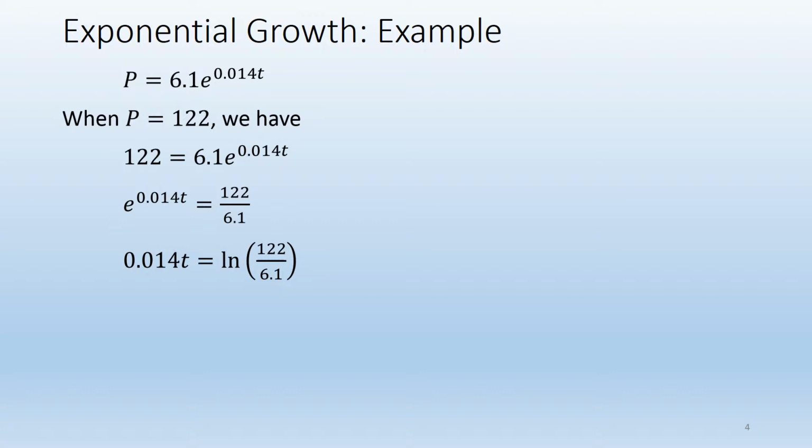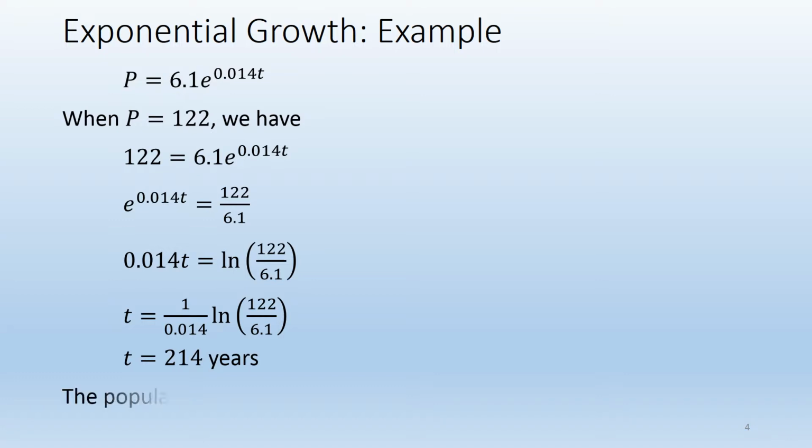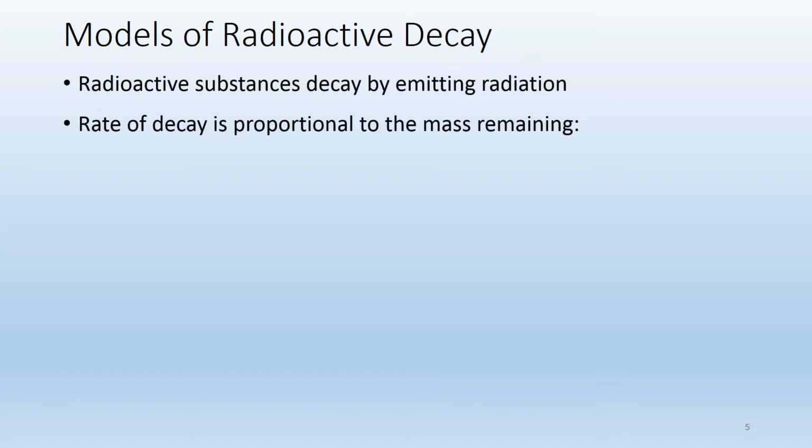So we'll take log base e of both sides, and then we'll divide by 0.014, and then calculate that out on a calculator to get approximately 214 years. So it's 214 years after the year 2000, so the population will reach 122 billion in the year 2214.